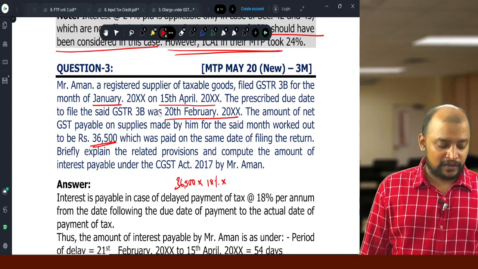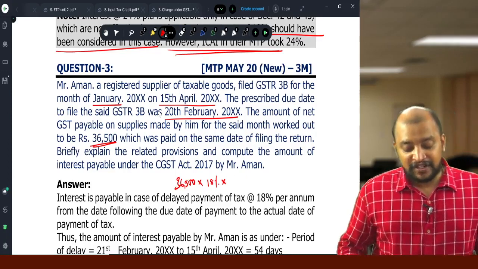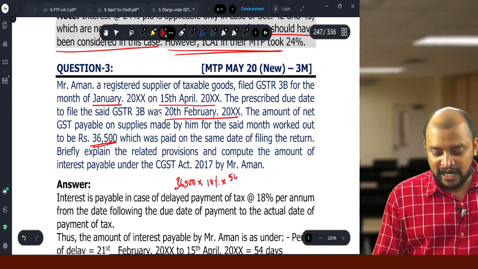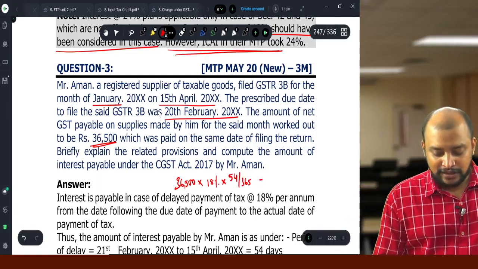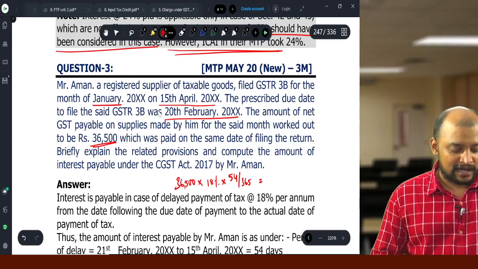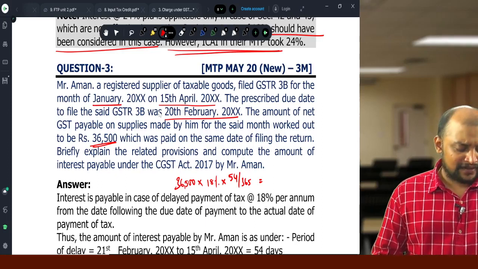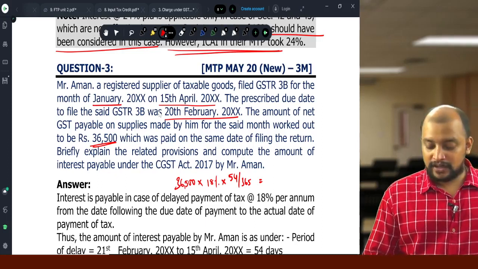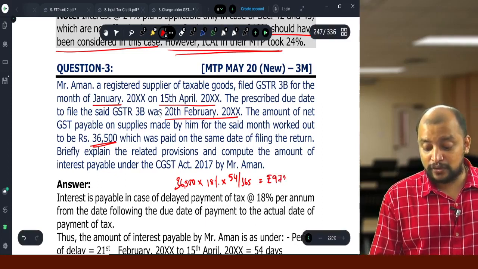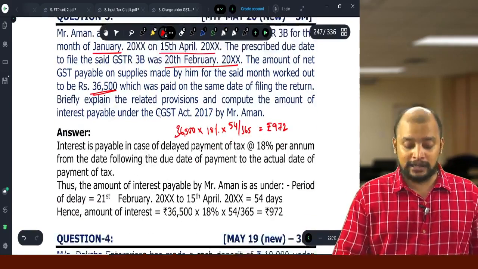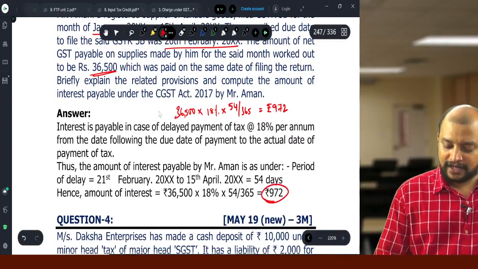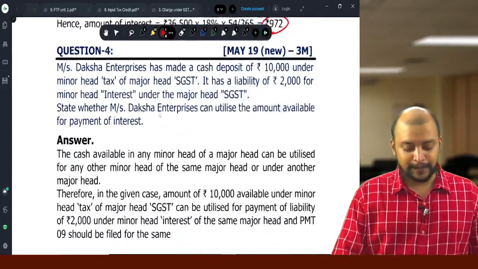And April, 15 days. That will be 54 days. So 36,500 into 18% into 54 divided by 365, that will be 972 rupees, which will be taken as the interest in this case.